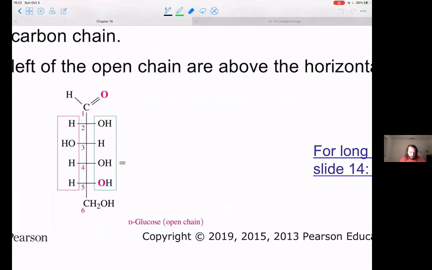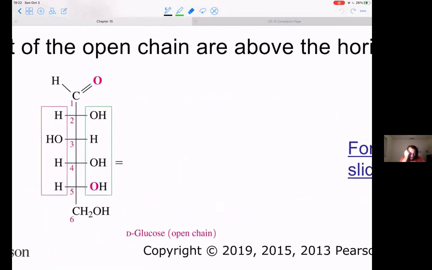Given an open chain form of glucose, for example, this would be D-glucose, because we have this OH group on the right. First thing we're going to do is lay these Fischer structures down on their side, so we're going to rotate them clockwise by 90 degrees.